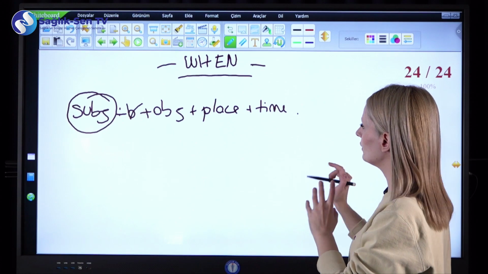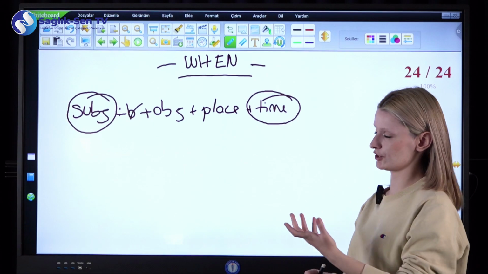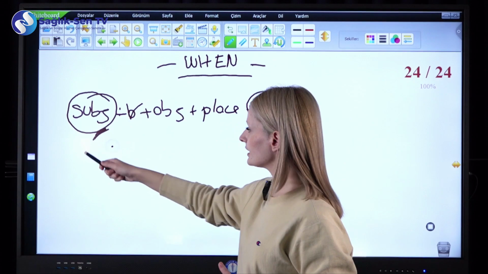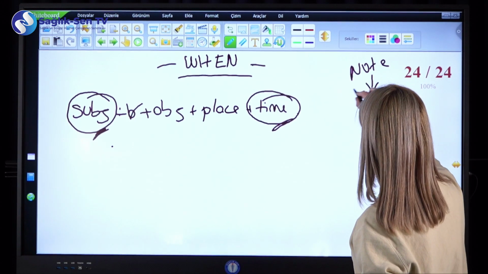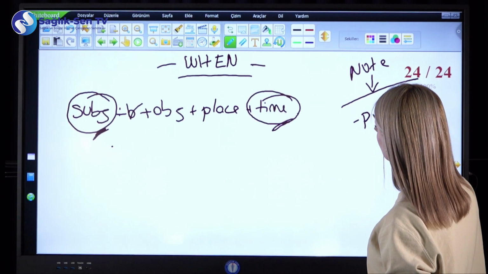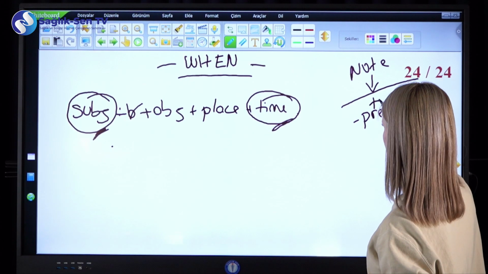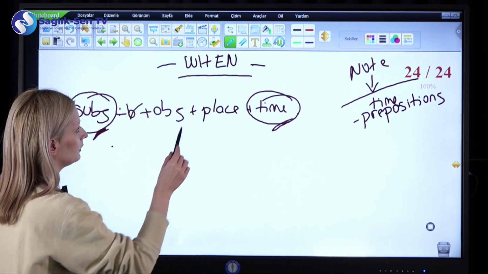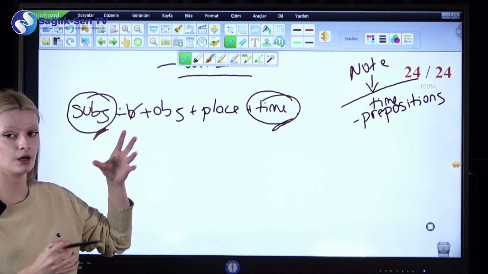But no, what we're going to do is we need a time expression. And how are we going to differ from this position to this position? We have some clues that can help you understand better. For example, prepositions, time prepositions. These are gonna help us, or you can look at the position in the sentence of that time.